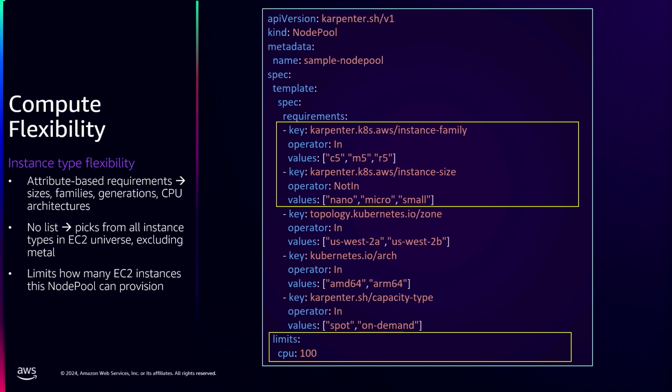For example, on the top, we are saying instance family should be within C5, M5, and R5. And I'm showing off a little bit here. Not only can you use the operator In, but you can also use NotIn. So you are like, OK, use those instance types, but do not spin up anything which is nano, micro, small, or medium, whatever, depending on your workload.